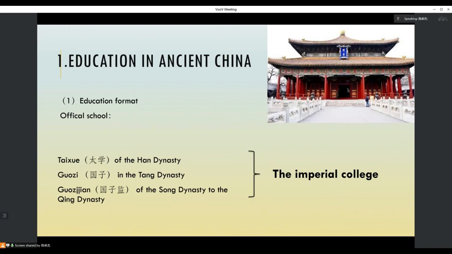The school was founded by the emperor. The school in ancient China had two functions. One is to educate students, and the other is to offer sacrifices. So, some consider this a temple. It is not wrong.